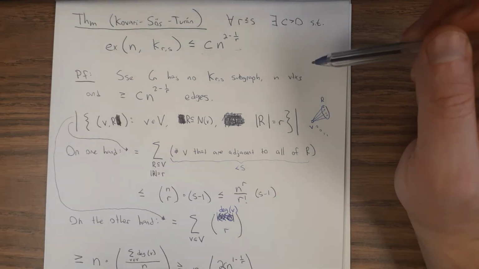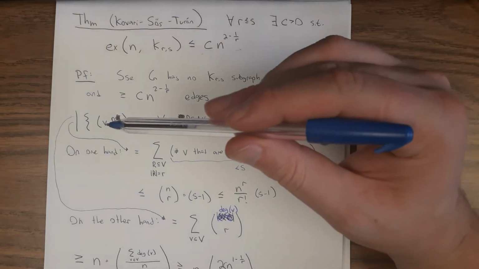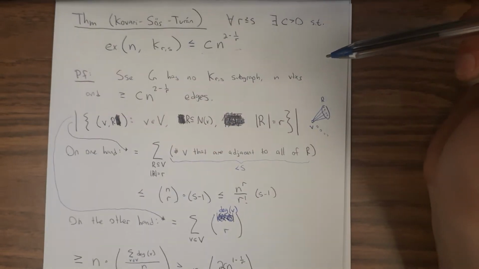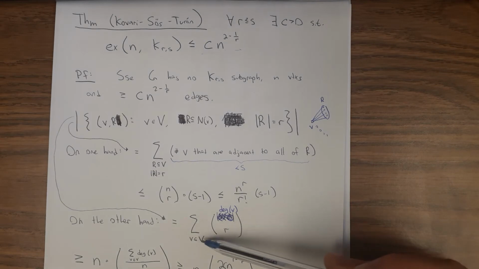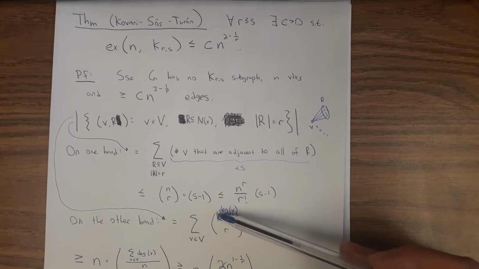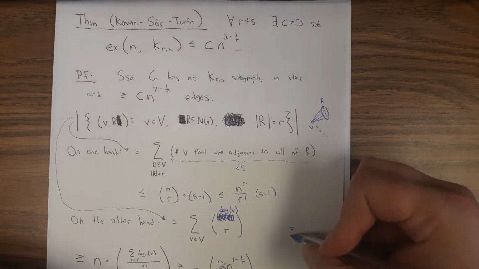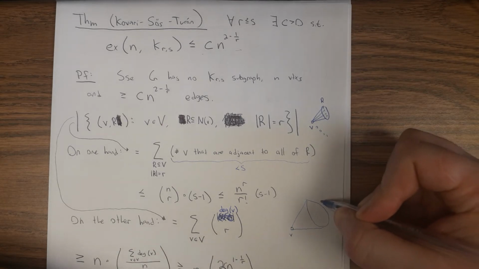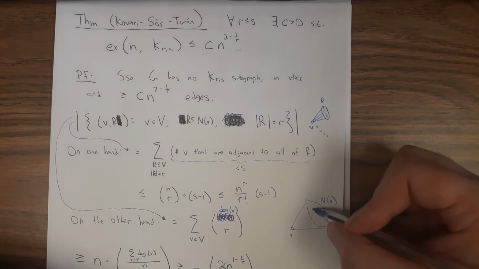And as I said, we're going to count it two ways. Now let's count it by summing over v, and I will add up how many R's go with each v. So I'll add up over v's the number of R's that go with v, because if I already know v, and v has some neighborhood, R just has to be a subset of that.